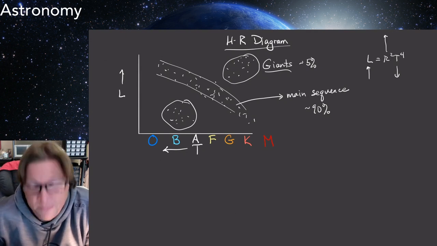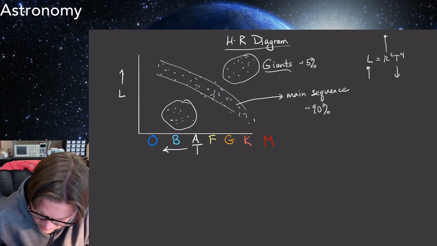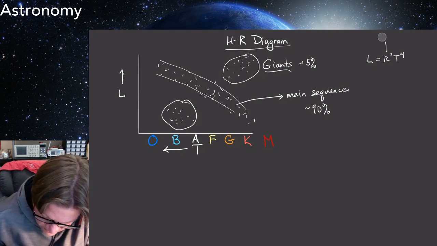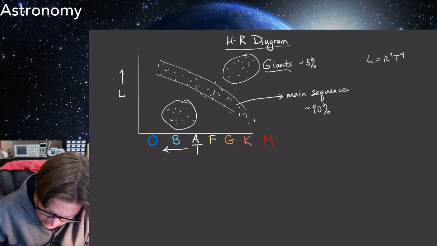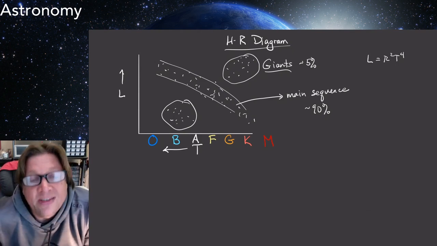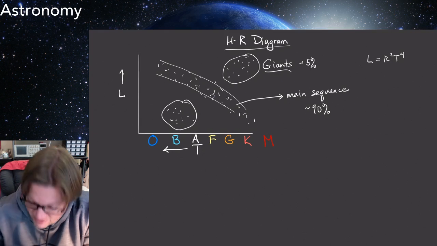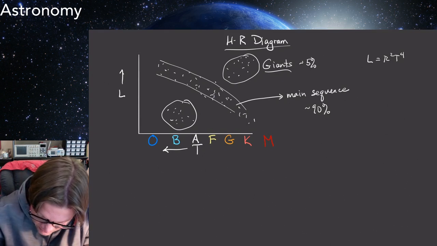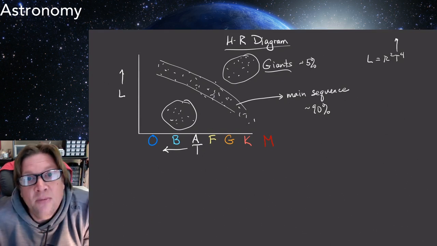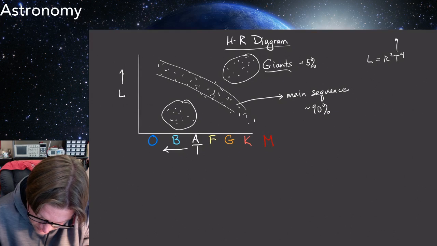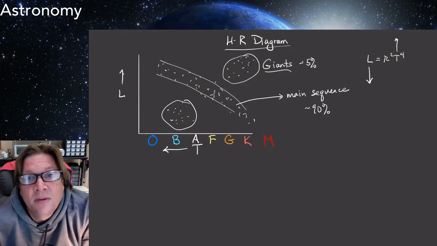Think about that group. What's true about that group? That group is hot, right? Those are A's and B's. So that group has a high temperature, but the luminosity is really low. They're dim. They don't emit much energy.